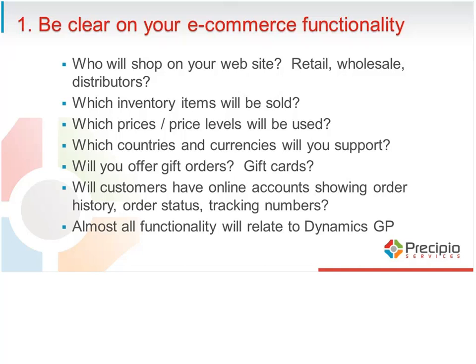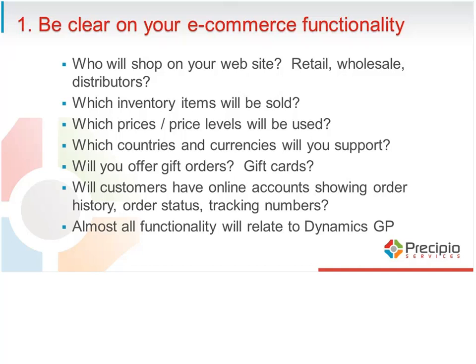Are you going to support multiple countries or currencies? Orders outside the U.S., if you're located in the U.S., present certain challenges. Are you going to accept gift orders if you're in the retail business, or will you have gift cards? And will customers have online accounts where they can look up their order history or order status and see tracking numbers and things like that?